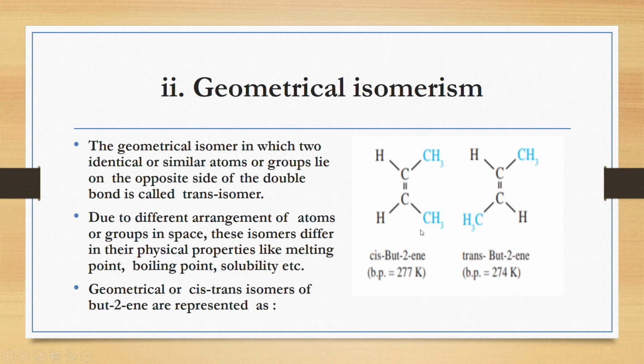Then this becomes cis-but-2-ene with boiling point 277 Kelvin. Whereas the other structure again has 1, 2, 3 and 4 carbon atoms continuously with the double bond at the second position. So again this is but-2-ene, but same groups are lying on the opposite side of the double bond. So this is trans-but-2-ene with boiling point 274 Kelvin.